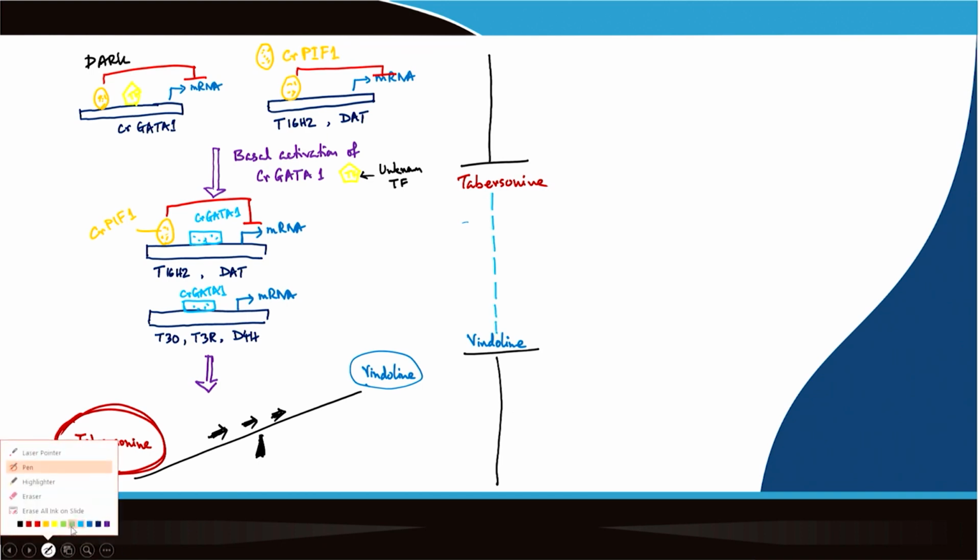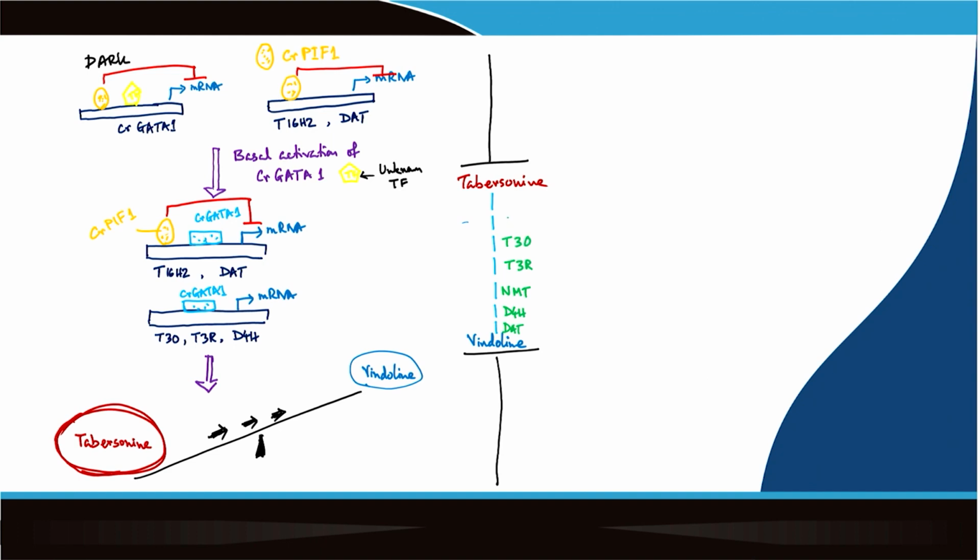So, DAT, D4H, NMT, T3R, T3O, then 16OMT, then T16H2.